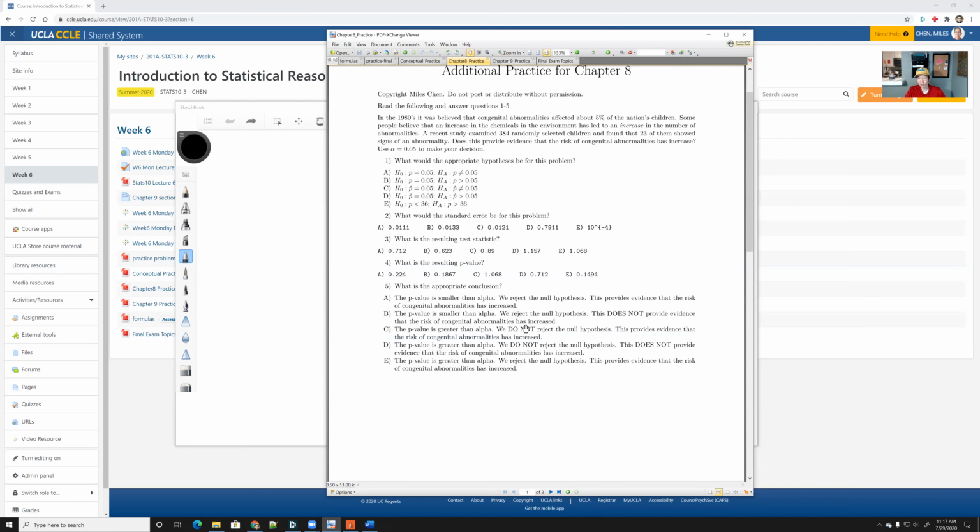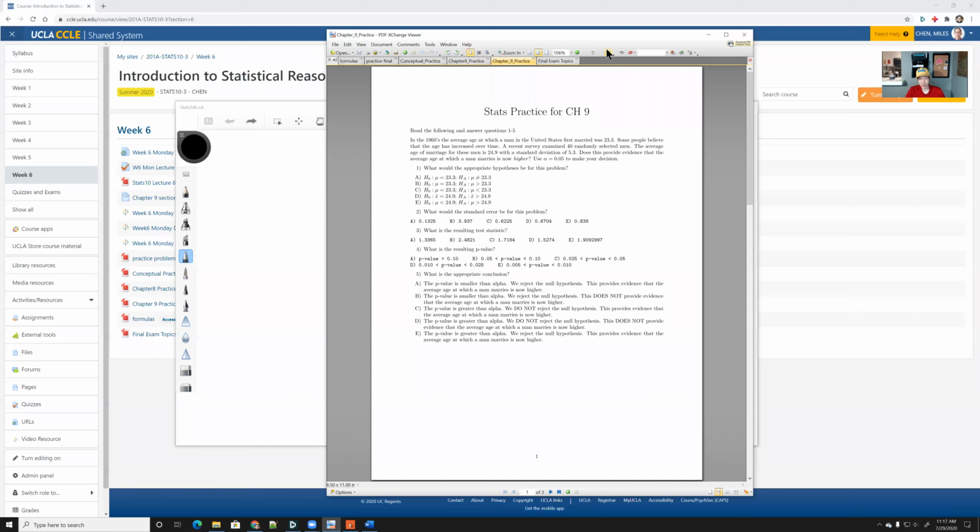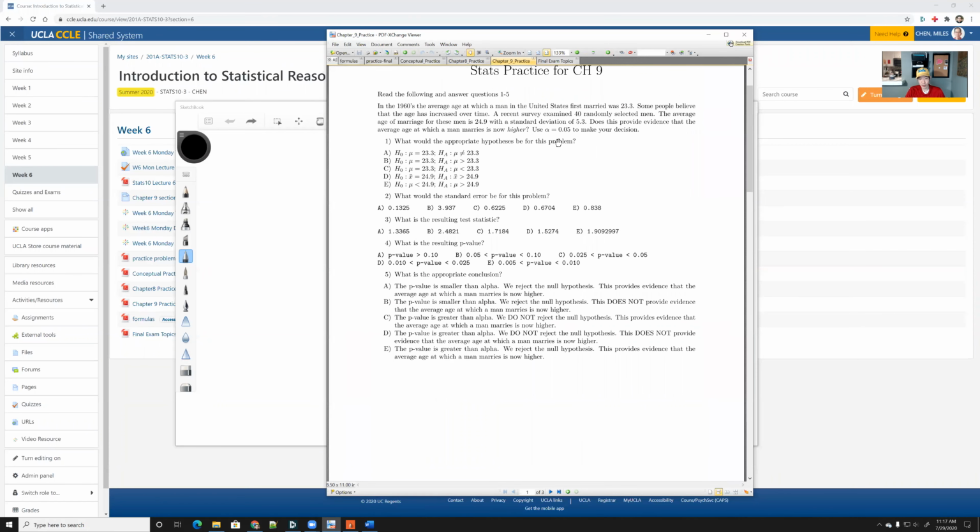What's your conclusion? Things like that. For this problem, I give a description of the data, and then I ask what the hypotheses are, the standard error, the test statistic, the p-value, and the appropriate conclusion.